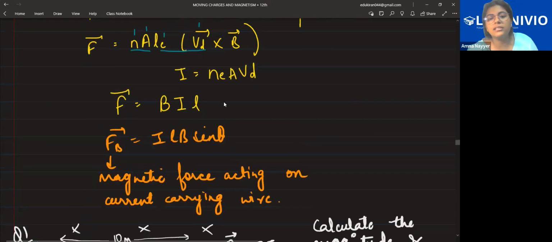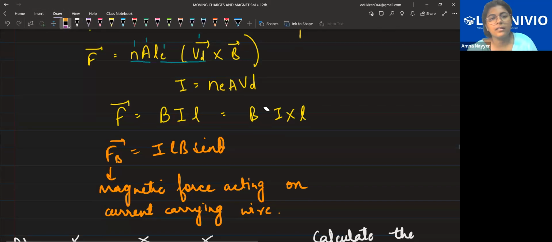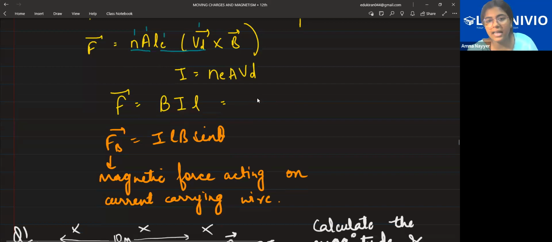Actually, it is B I cross L. Here I has been taken outside, the magnetic field is there, and this length was already left. N A E got multiplied within the bracket, so length was already left. I cross B, this is it.